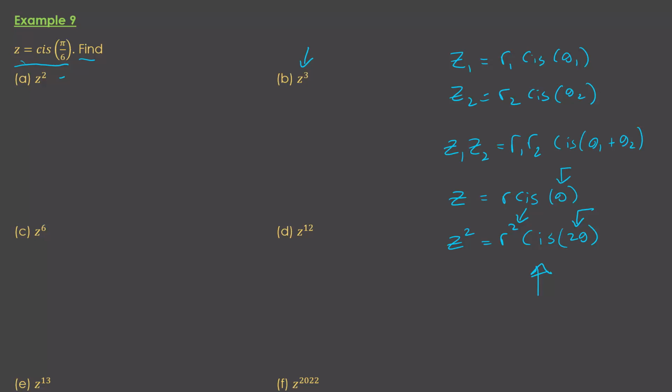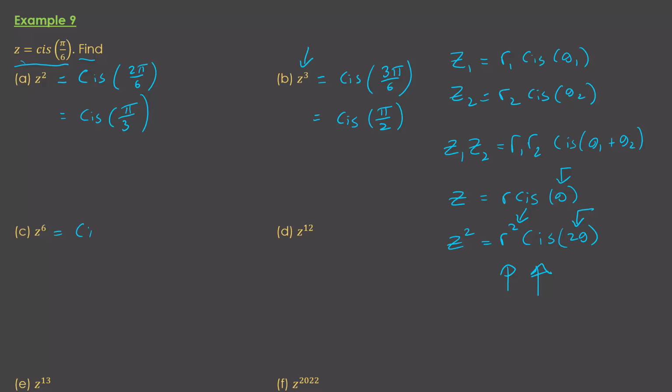So for this one, the modulus is 1, which makes it nice and easy because 1 to any power is 1. So z squared is just going to be cis 2 pi by 6, which is cis pi by 3. Z cubed would be cis 3 pi by 6, just extending the reasoning as we discussed, and therefore that is cis pi by 2.